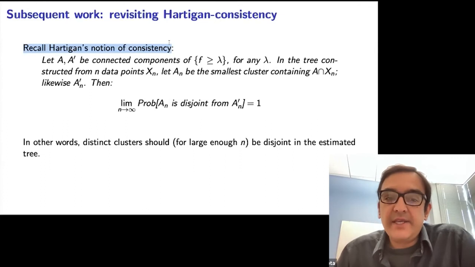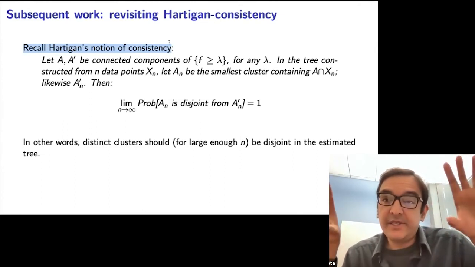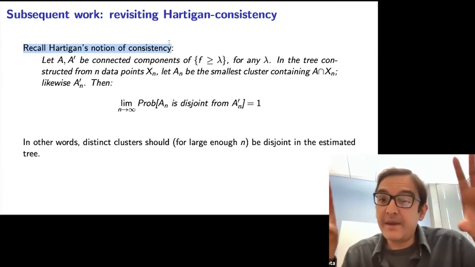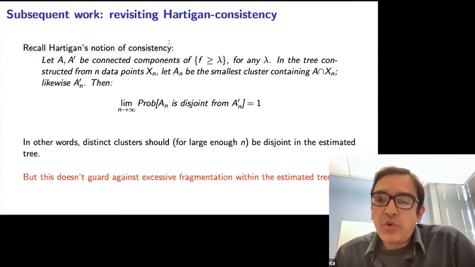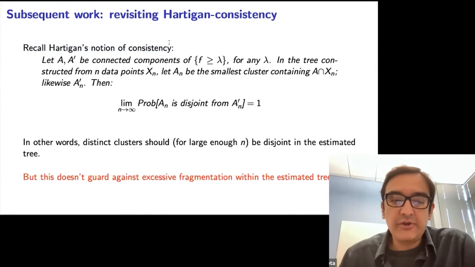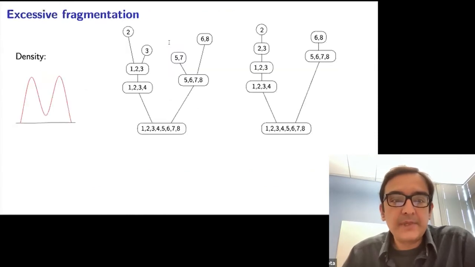And this is great. It's just saying that distinct clusters will eventually be separated in the tree, okay? Which is perfectly sensible. But what this doesn't guard against is clusters becoming fragmented, okay? And I'll show you what is meant by that.